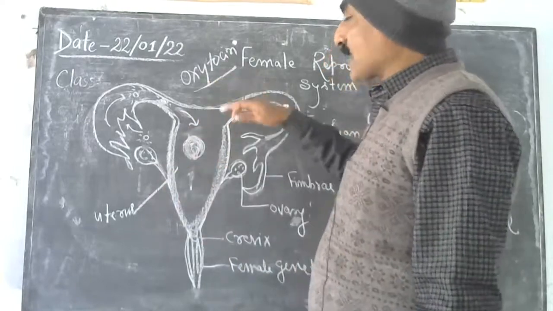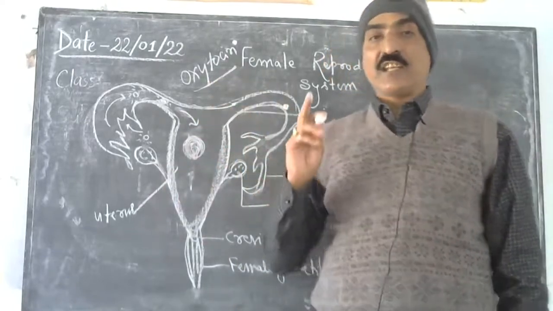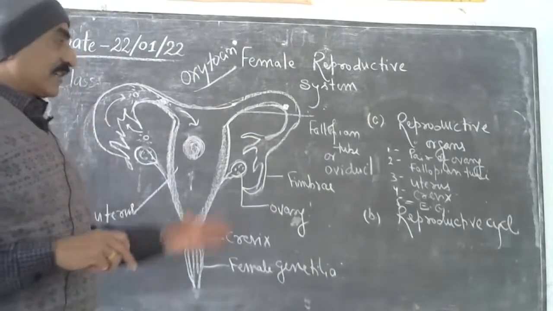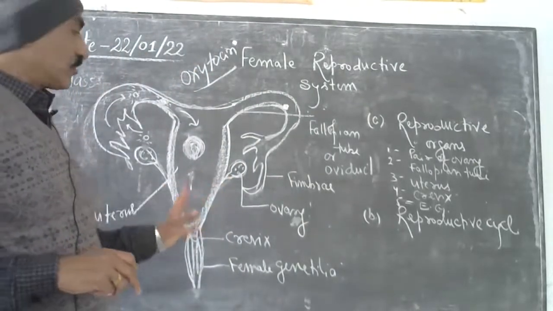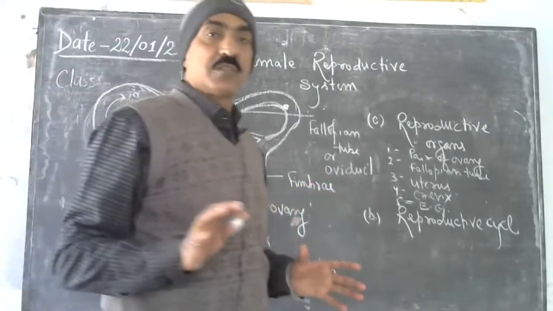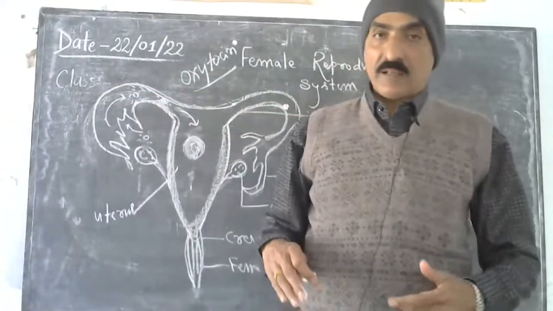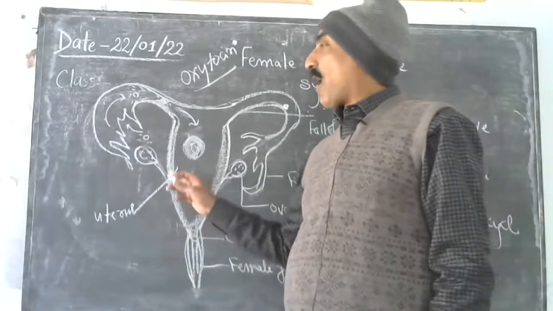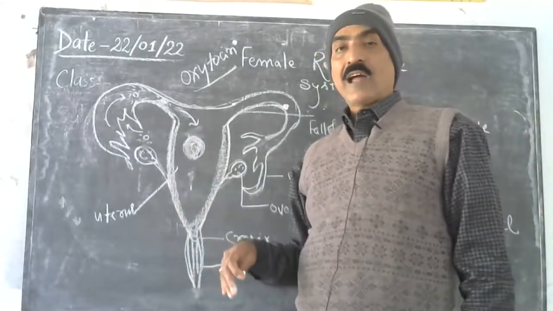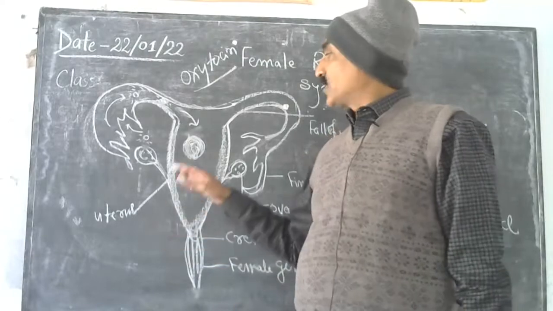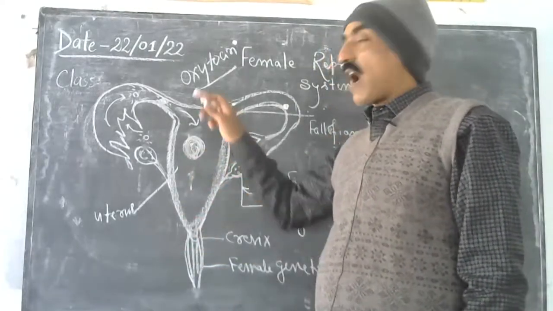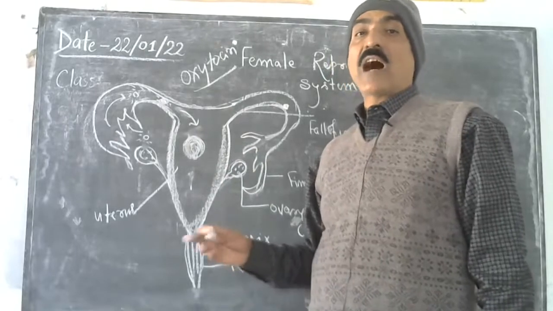Why? Because as soon as oxytocin is released from the pituitary gland, it reaches through the blood to the uterine wall and causes reflex contraction and expansion in the uterine wall, and that compels the child to be delivered. So the hormone is called the birth hormone.